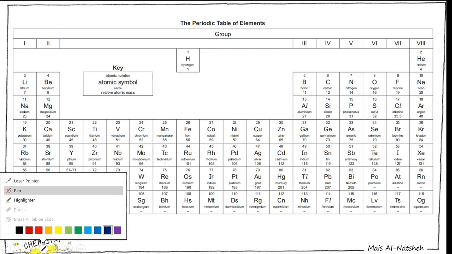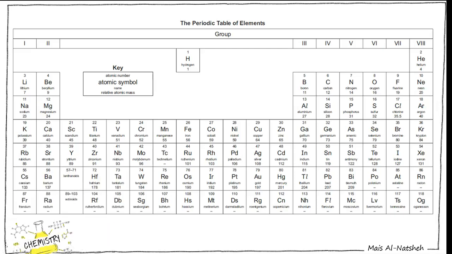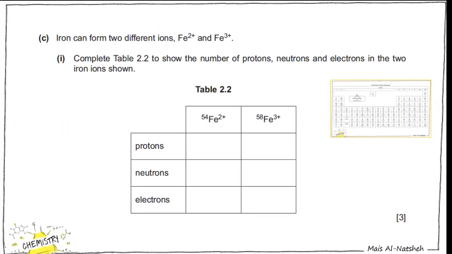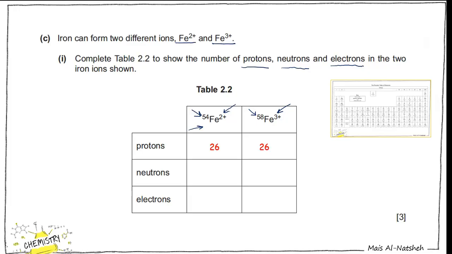I notice the iron in the periodic table, which is located in the transition element area. Here is iron. The atomic number is 26. Back to the table and record it is 26 for both ions. Now, how can we tell the number of neutrons? Number of neutrons is calculated from the mass number.